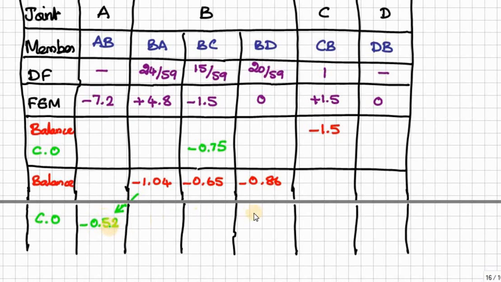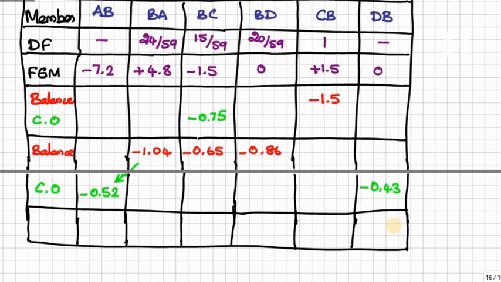Similarly, for BD member, BD to DB, here half of this 0.86, minus 0.43. But there is no carryover from BC to CB because CB is simply supported. So it cannot take any carryover moment. Clear?